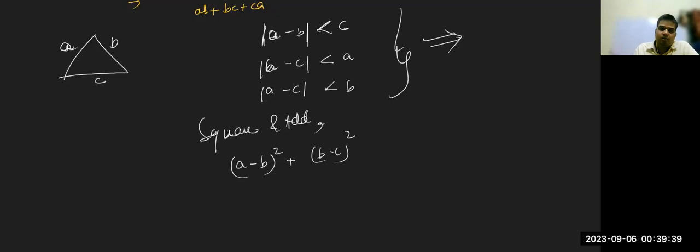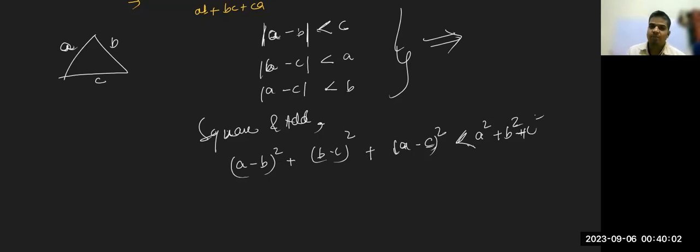So that has to be less than the left-hand side squares, which will be A square plus B square plus C square. If we expand this, here A is 2 times, C is 2 times, B is 2 times. Then how can we solve it?